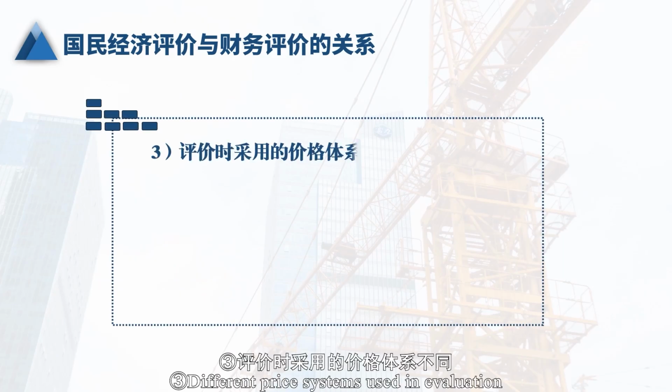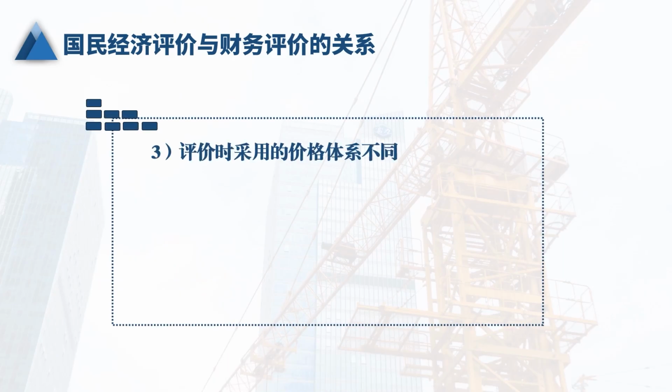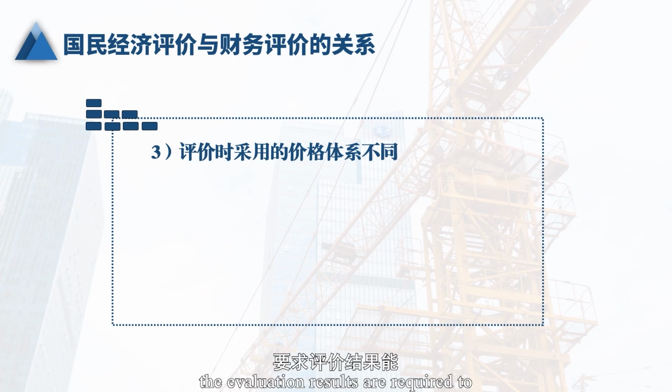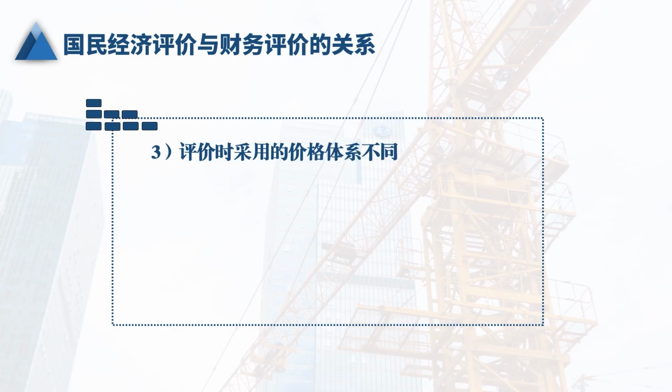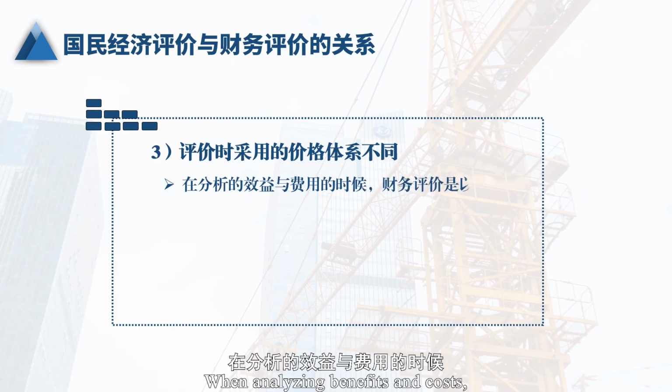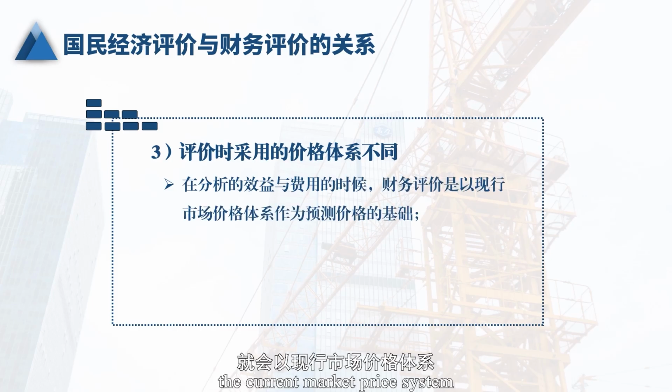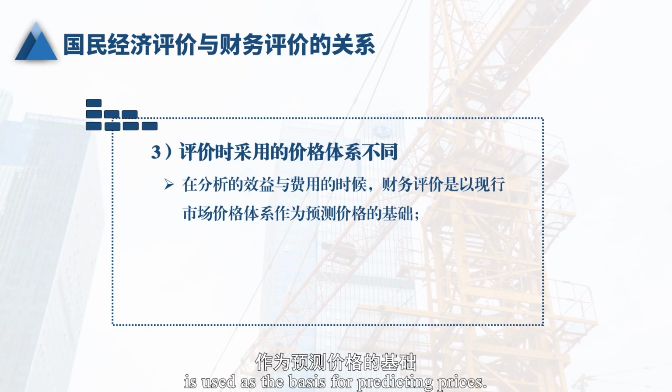Third, different price systems used in evaluation. In financial evaluation, the evaluation results are required to reflect the actual situation of the investment project. When analyzing benefits and costs, the current market price system is used as the basis for predicting prices.